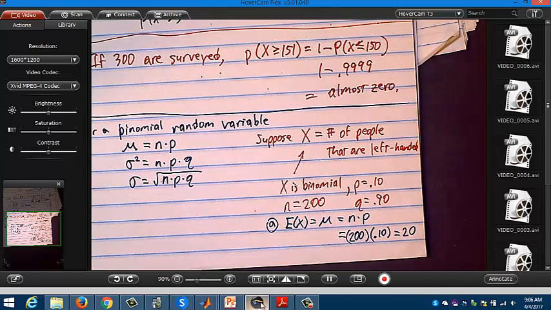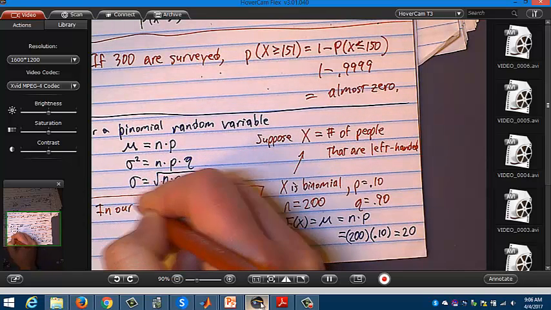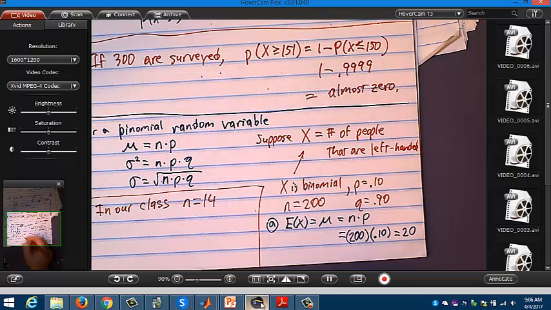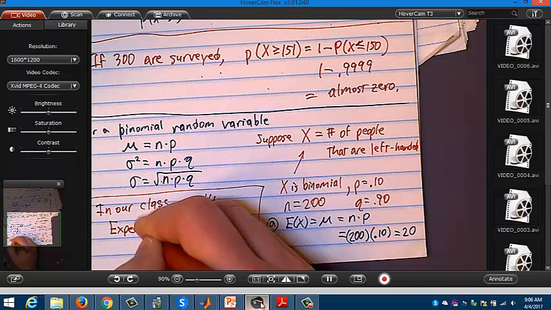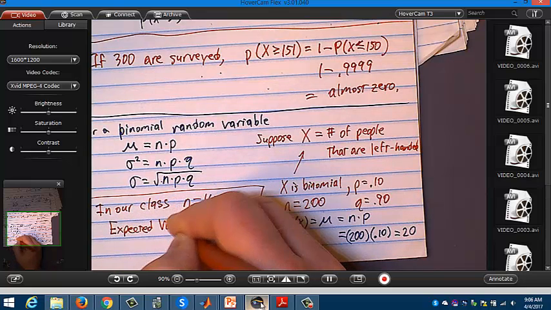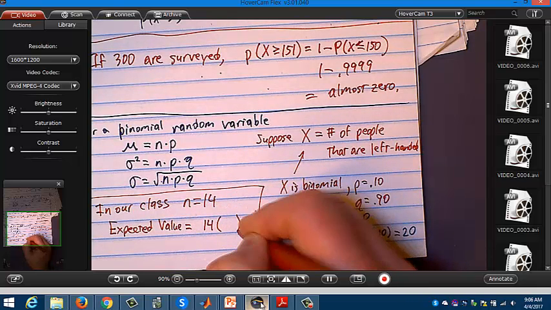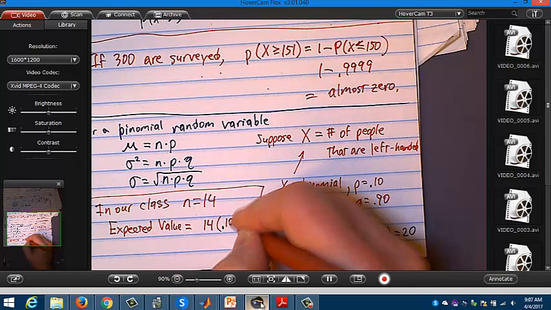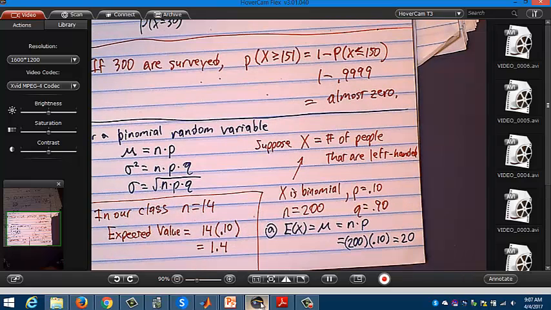Right? So let me do it in our class. Here, in our class, this is Martha's question, right? N is 14. So what's the expected value? Well, it's 14 times what? 10%, which is what? 1.4?